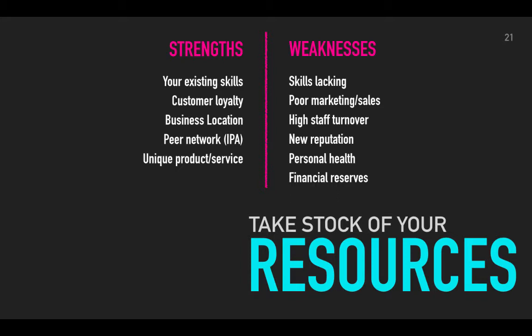And perhaps another strength is our peer network, that we've got other people that we can get in touch with and ask for advice and draw on their experience of running their own businesses. The IPA is a great example of that. We have this brilliant peer network, and we can catch up with the other IPA members and get some advice and help when running our businesses.